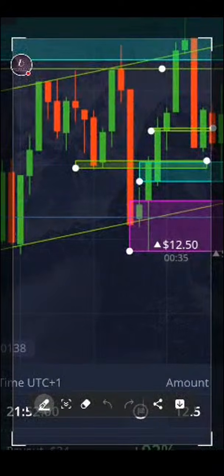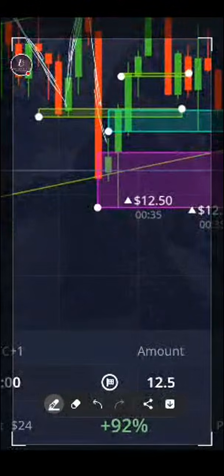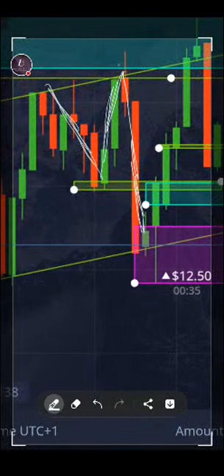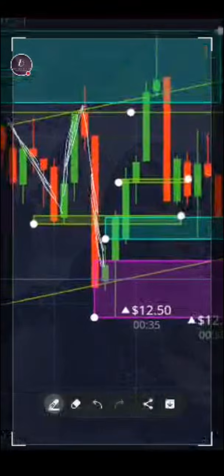Look at this. This is ABC. A lot of people don't know what ABC is, but I know some of you know it already. This is what you call an A, then B, then C. It's like a zigzag: down, up, down. Then all of a sudden there's a push to the upside.